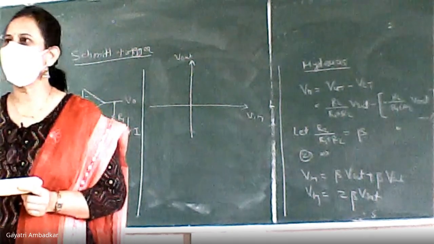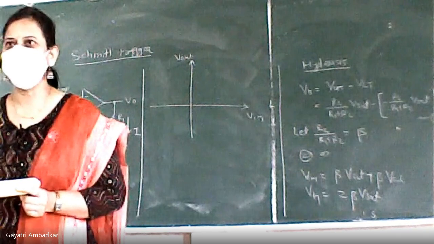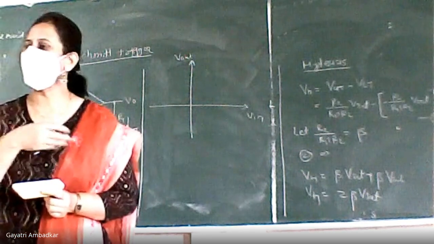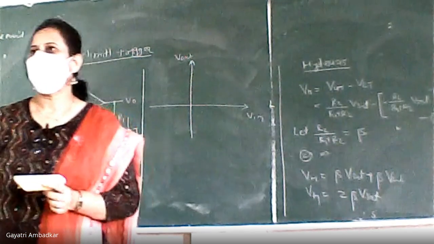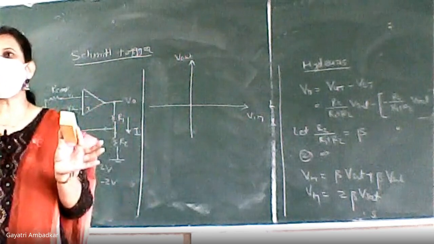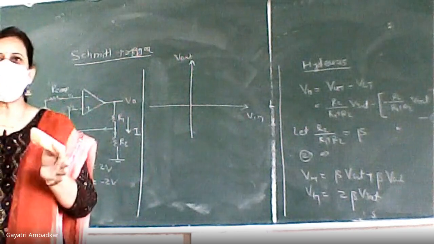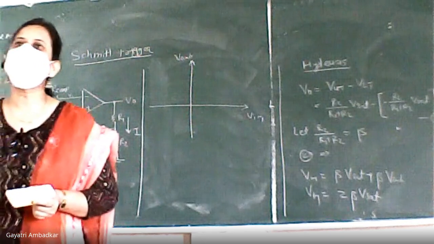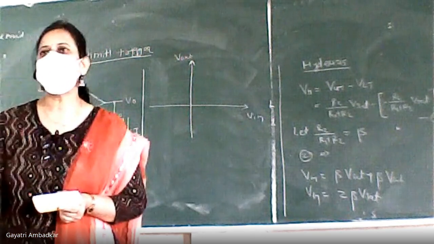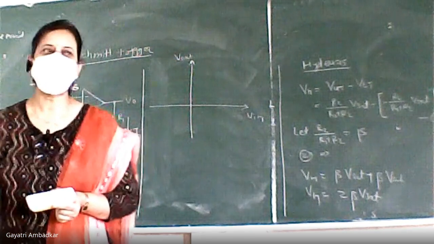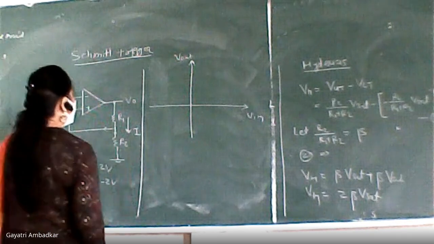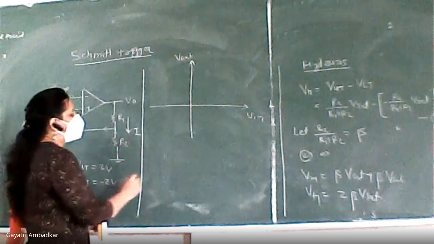Upper threshold is 2 volts, lower threshold is minus 2 volts. We will design a circuit, then you will come to know how these values come. If you design the circuit, you will get some value of R1 and R2. If you put that value of R1 and R2, and the value of VSAT, you will get VUT and VLT. Let's assume that the values of VUT and VLT are plus minus 2 volts.